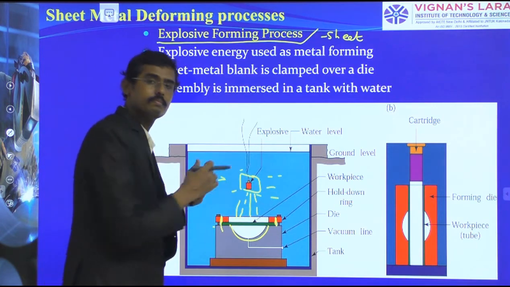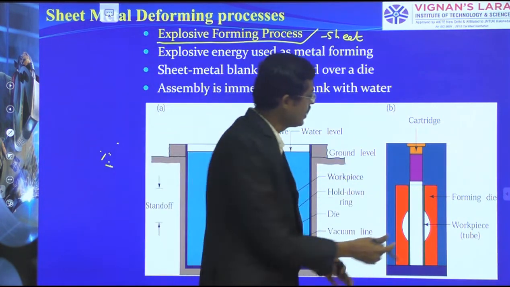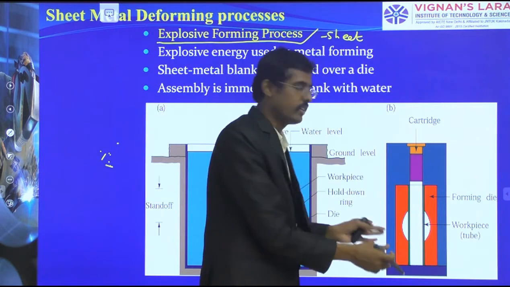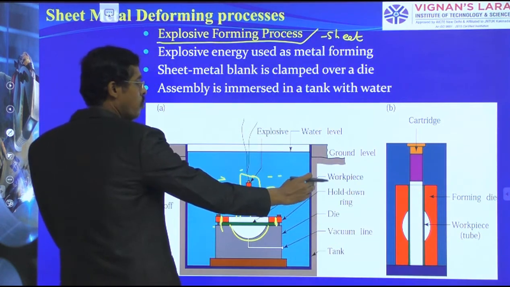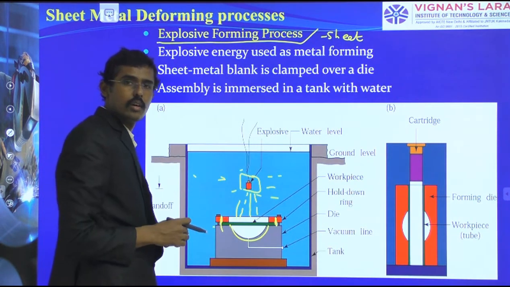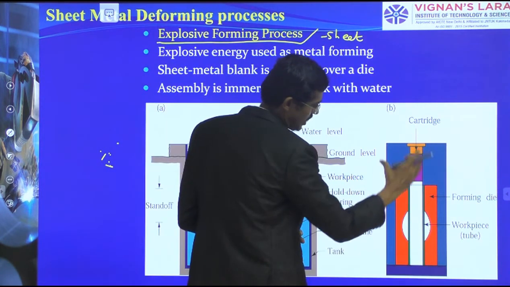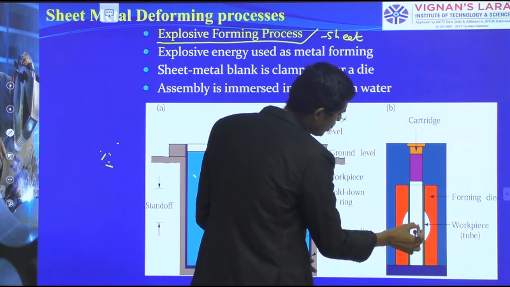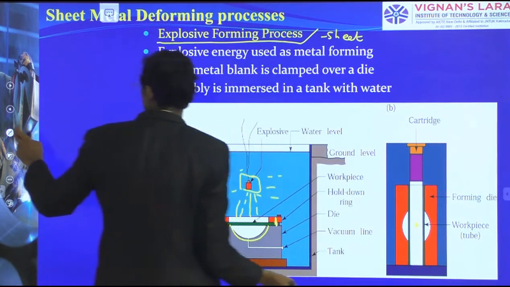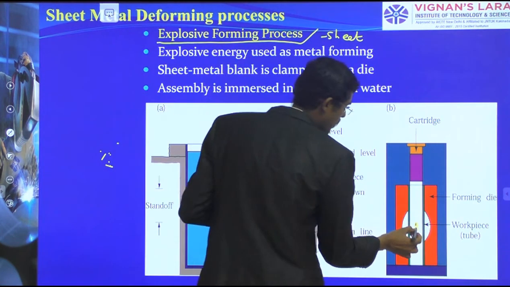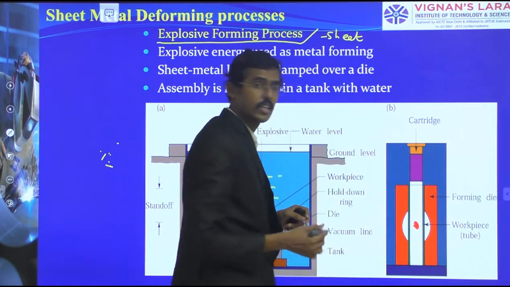This is one of the forms. And in another form, the setup is different. We have a rectangular box which contains water. Here we have a large, rectangular straight box. Here I am keeping the explosive. What happens when it is fired?